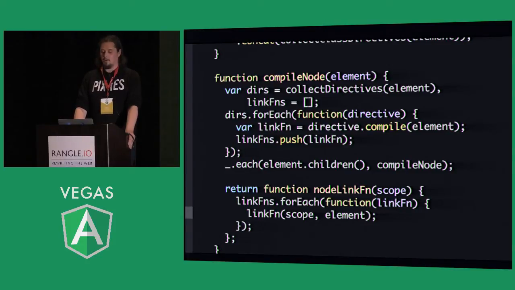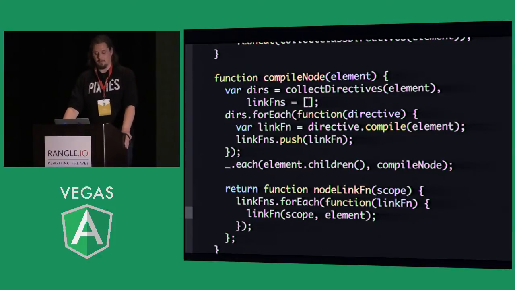And that links a single node, but again, we need to also do the descendants as well. And the key to that is to look at how we have this recursive invocation of compile node here in the compilation phase, and that compile node now returns this node link function.